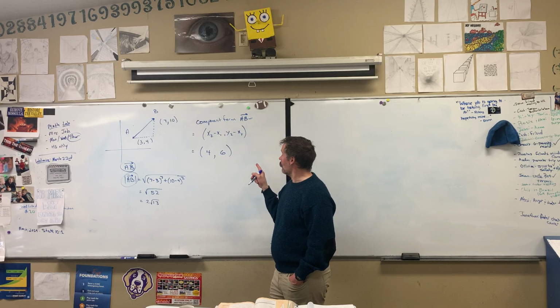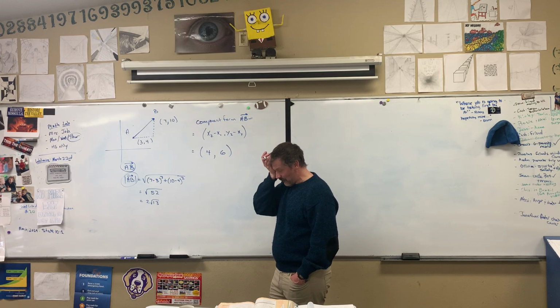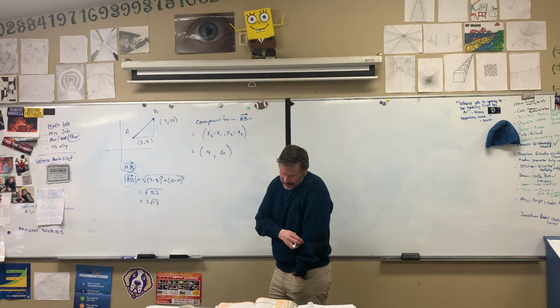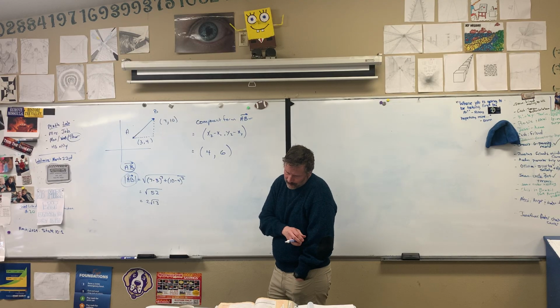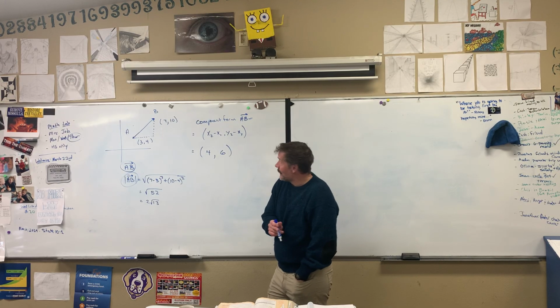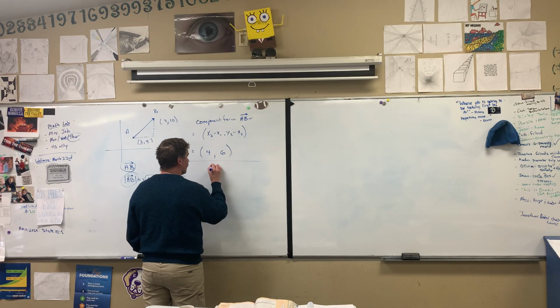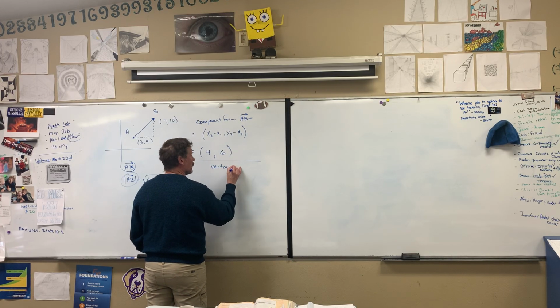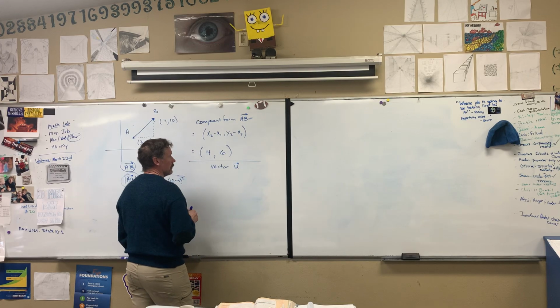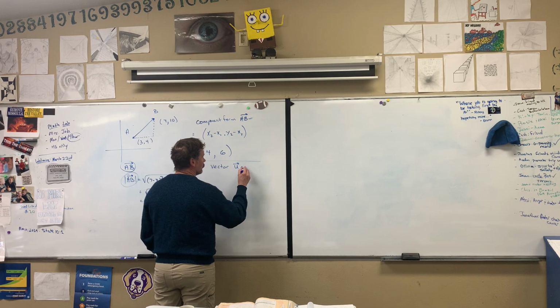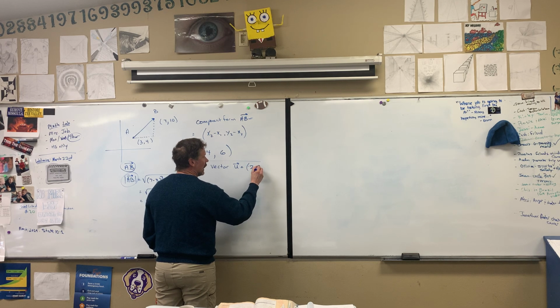The other thing is that if you just have a vector coming from the origin, like if they say vector u is equal to, let's use some different numbers, 2, 9.